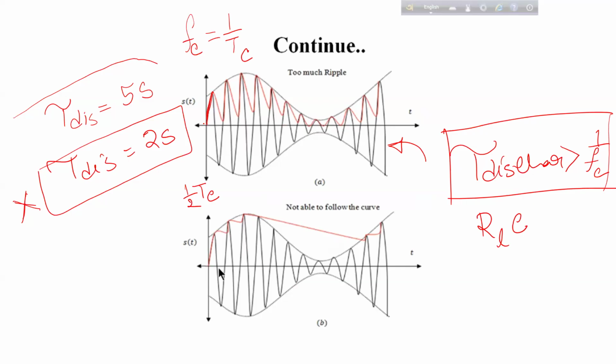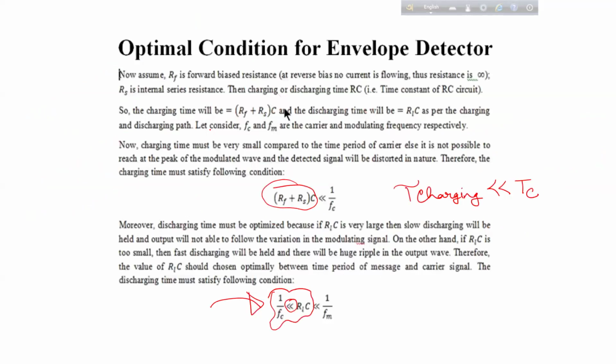So the charging time should be almost half of the time period of the carrier signal, or we can write it should be less than the time period of the carrier signal. Time period is written as 1 by Fc, so it should be less than 1 by Fc. So this is the tau charging condition.